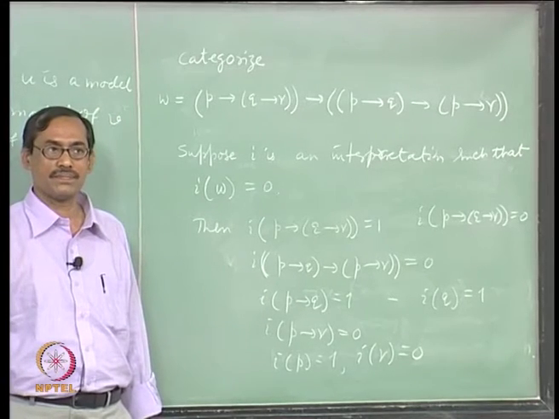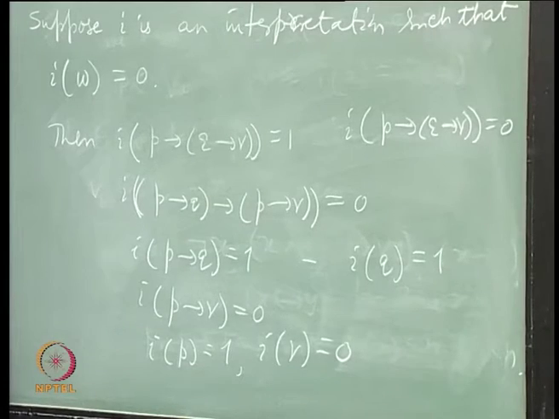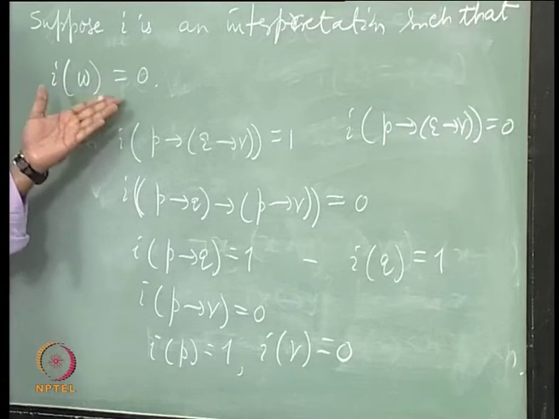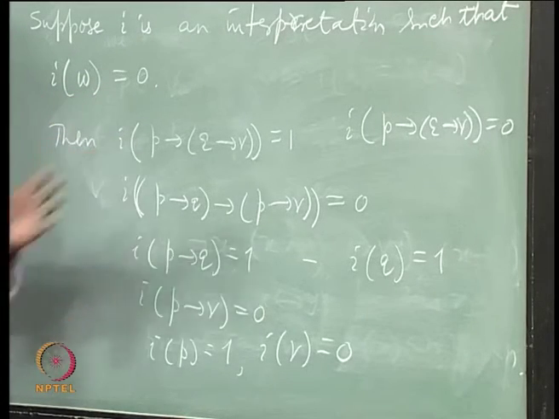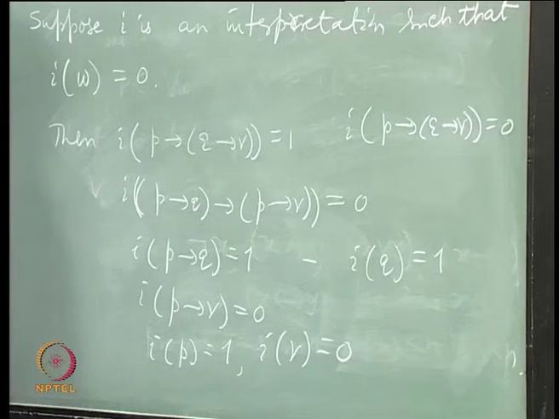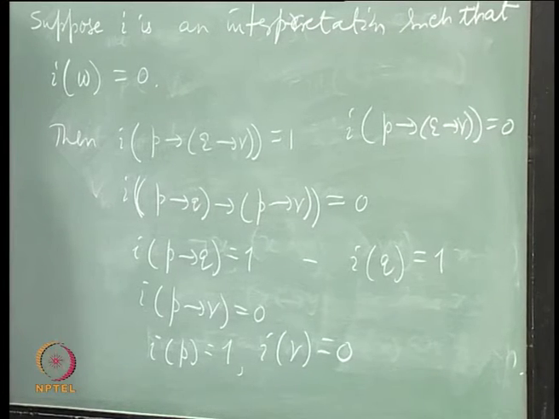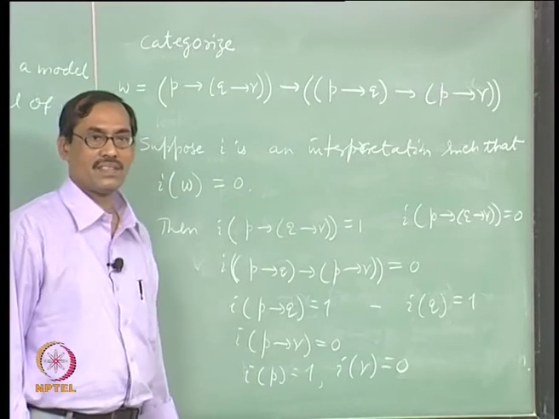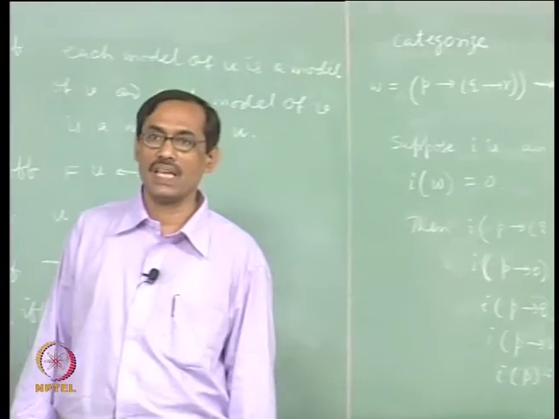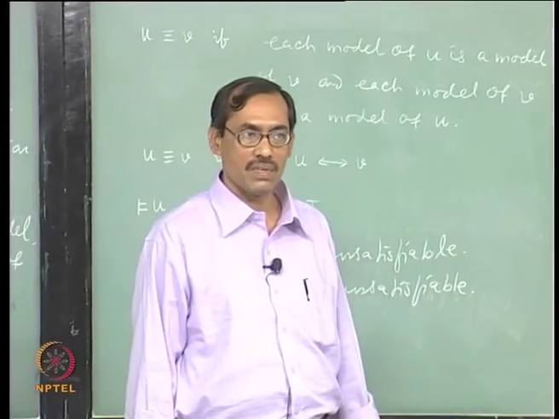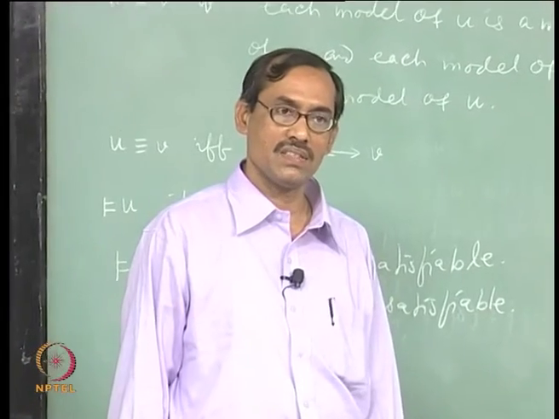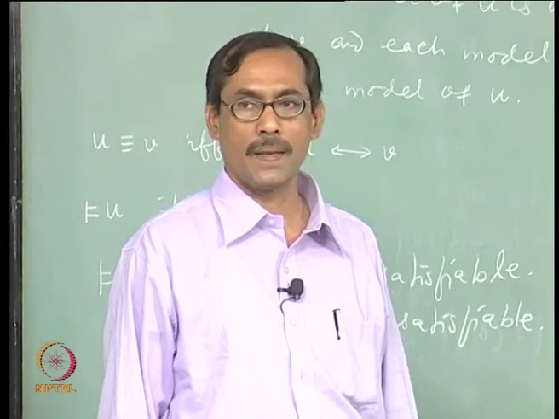That is the problem, so it can't happen. I of W can never be 0, whatever interpretation I may be, therefore W is valid, because there is no interpretation I which falsifies W, so every interpretation satisfies it.